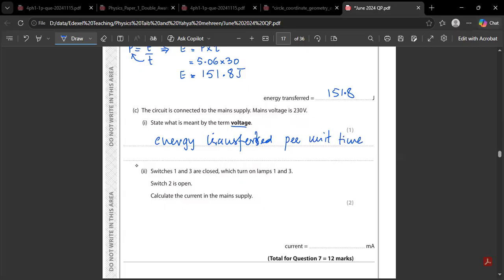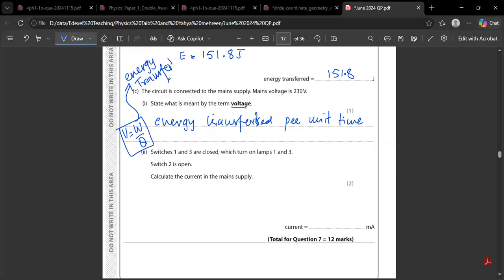If you recall the formula for the voltage, that is W over Q, where W is energy transfer or work done, and Q is the charge.